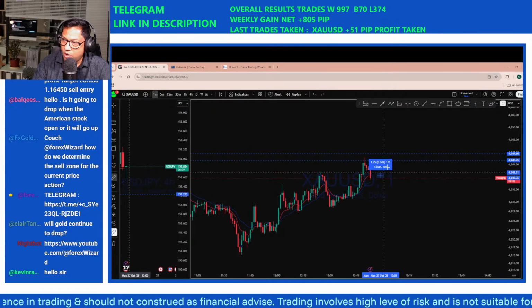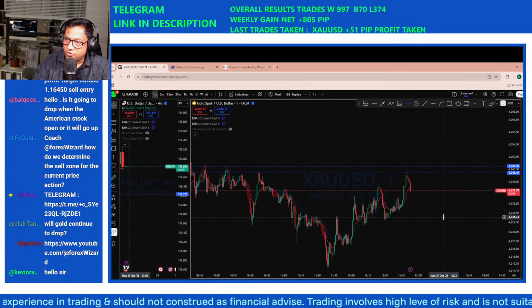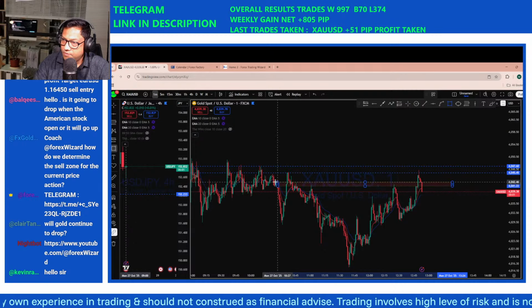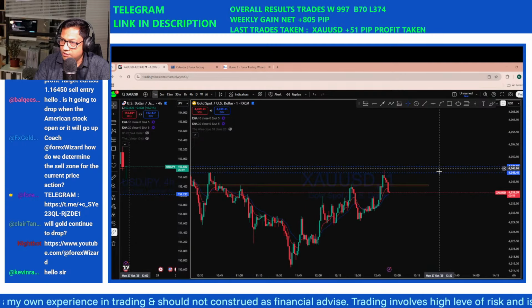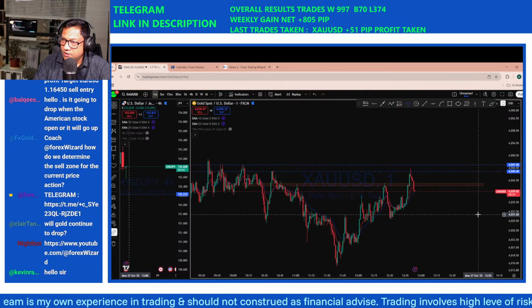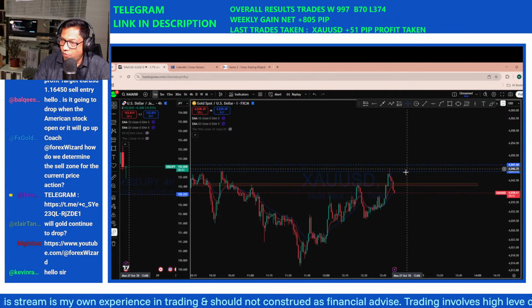If you look at the 4-hour resistance line, it's now trying to break from this high here. This is the resistance line, and from that resistance, with the price overextension, we could see that rejection back below here.